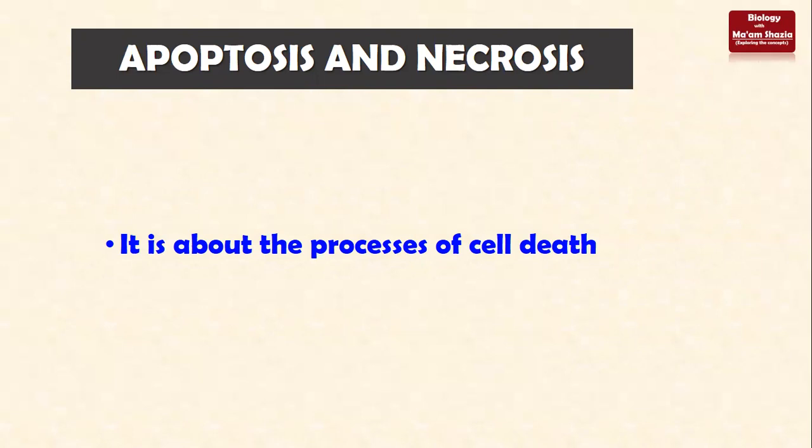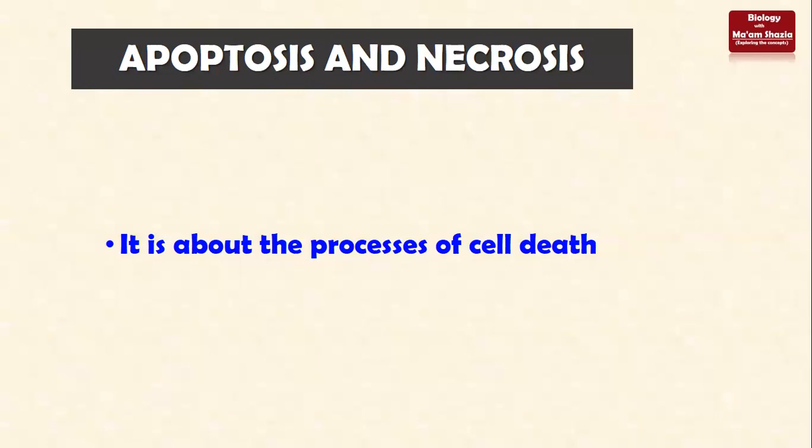They have completed their task, and now there is no more need of them to be in the body. So our body has decided whether the cell is going to live further or it has to die, right? So apoptosis, right, and necrosis.